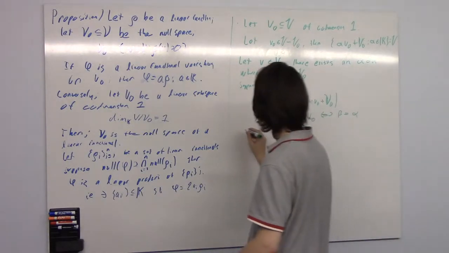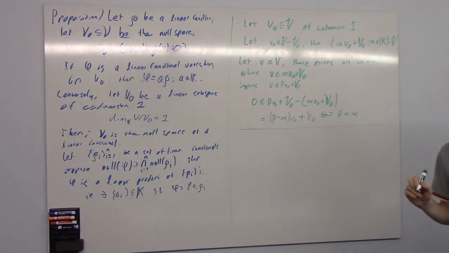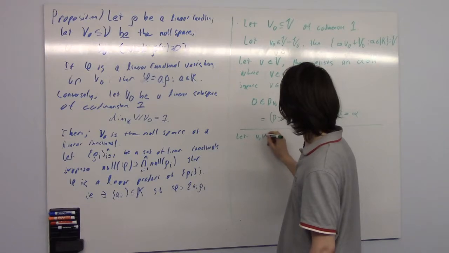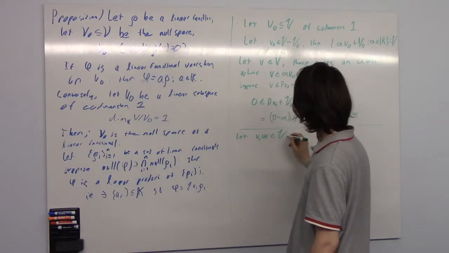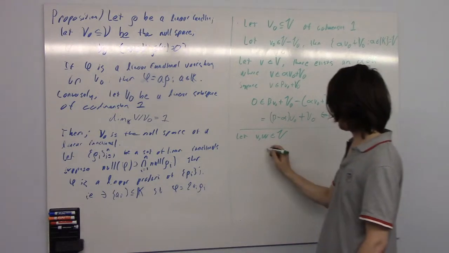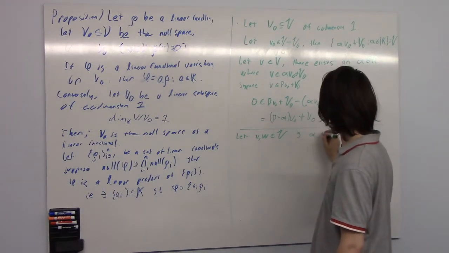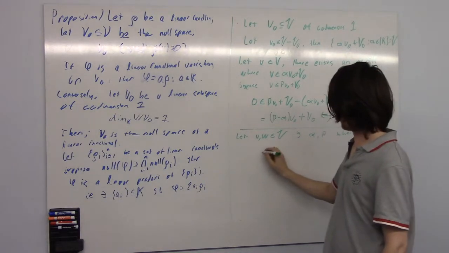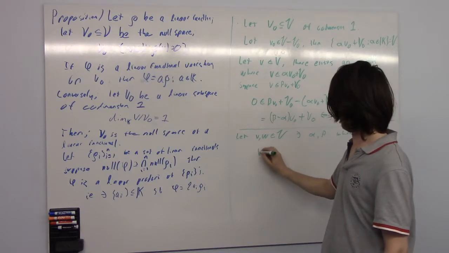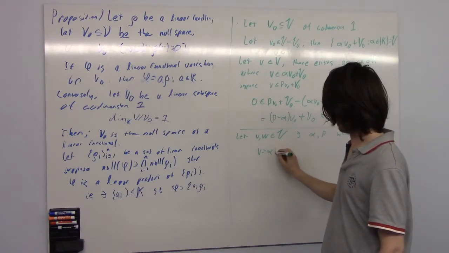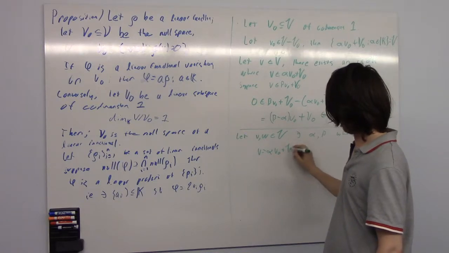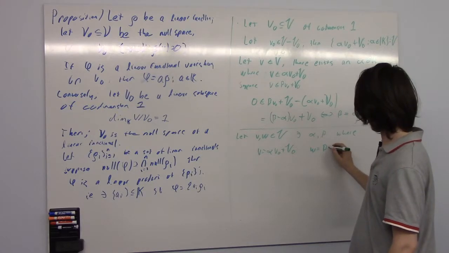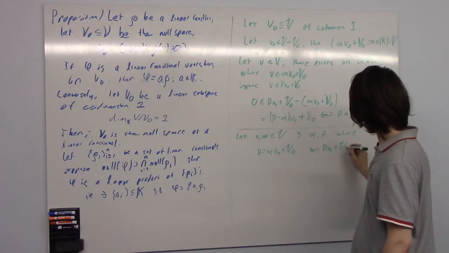Okay? Now we want to show linearity. Let v and w be elements of V. Then we're going to find there exist alpha and beta where v is in alpha v naught plus V naught, and w is in beta v naught plus V naught.